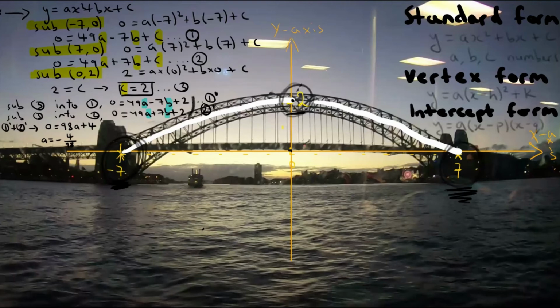Okay, so that is our a, and if we want to simplify that slightly further, we can go minus 2 over 49.